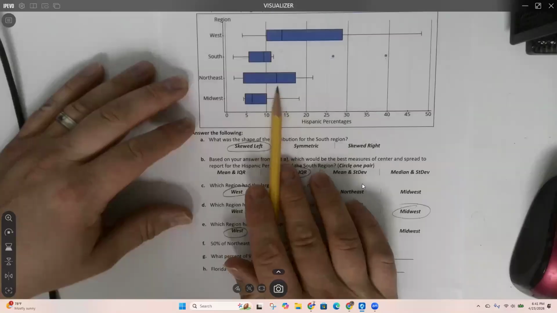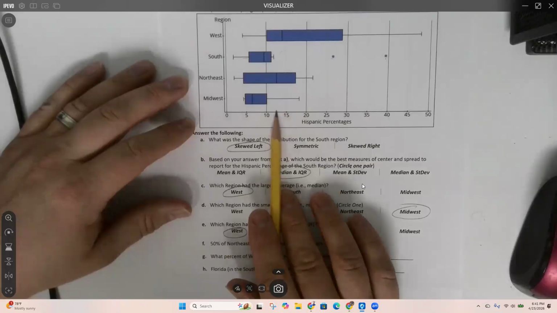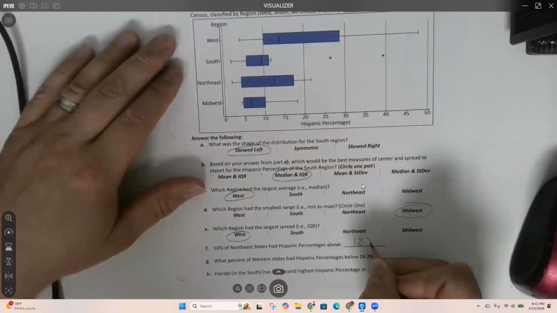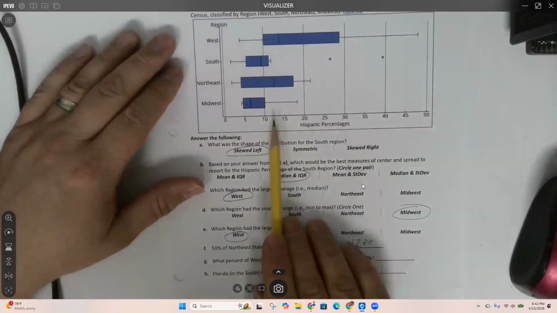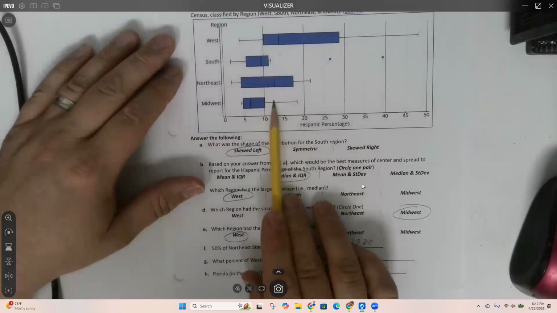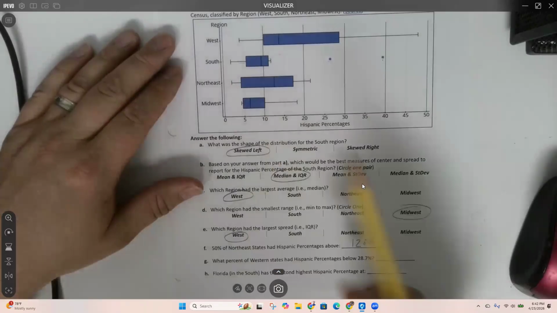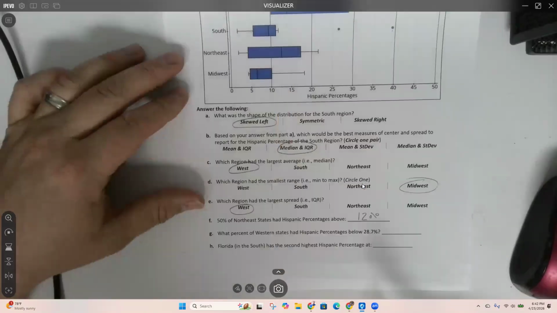If I drop that middle line down here, it's between 10 and 15. Looks to me like it's maybe a little closer to 10. I'd accept 12.5. I'm going to put 12%. I agree with you, Yvette. I don't think it's 13. I think if I drop this line down here, it's closer to 10 than it is to 15. I would take 12.5 though.